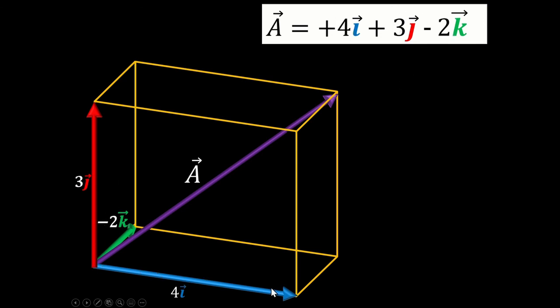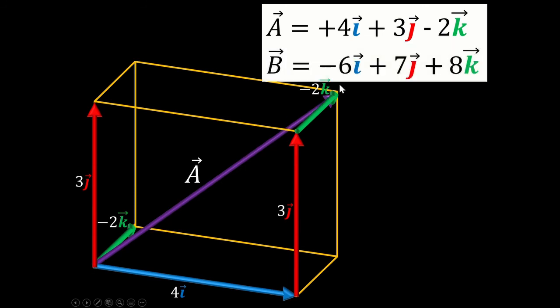Because if I take 4i and I add this head to tail, add this to that, and then I add this head to tail, the resultant is going to go like that. Okay? And then if I defined another vector, I'm not drawing that one, but we had this one, and that one, we can do all sorts of math on that.